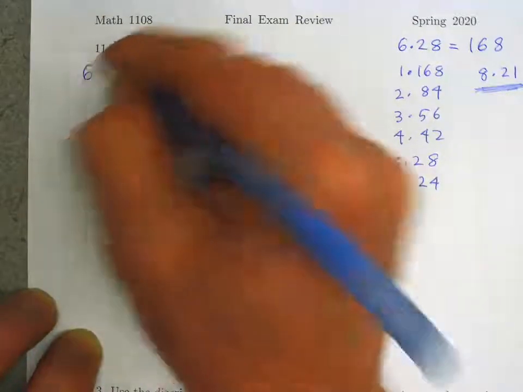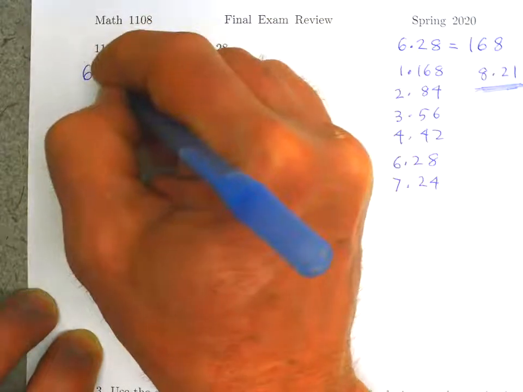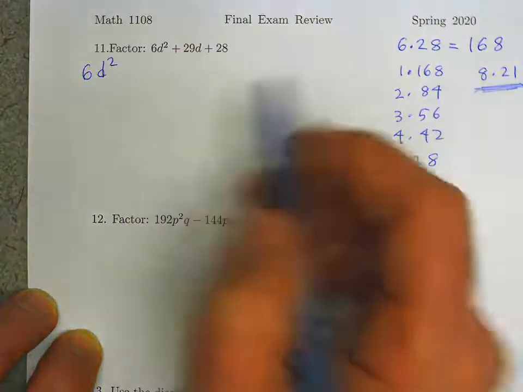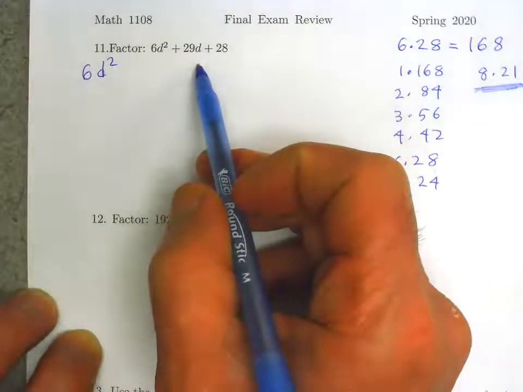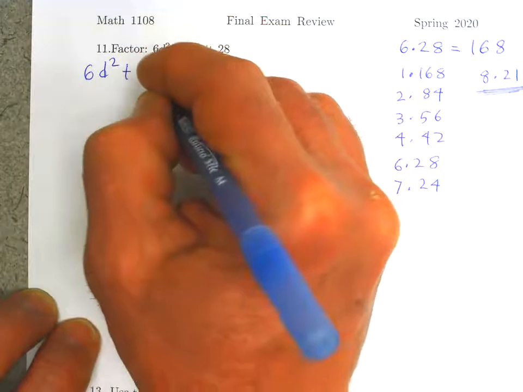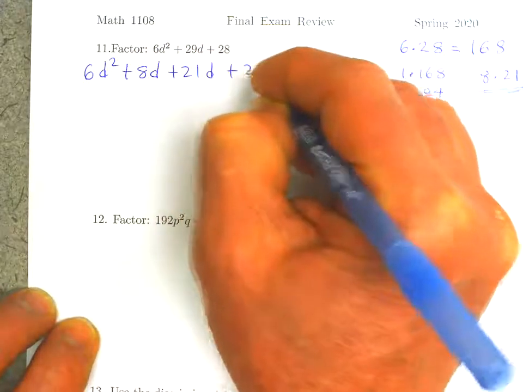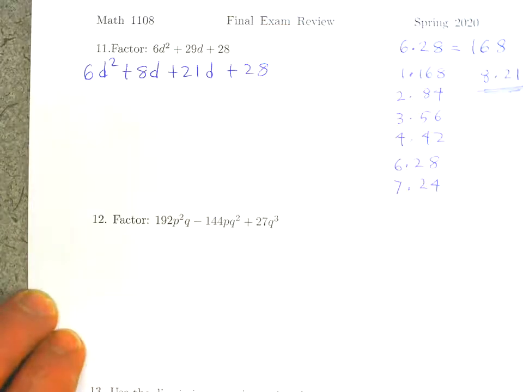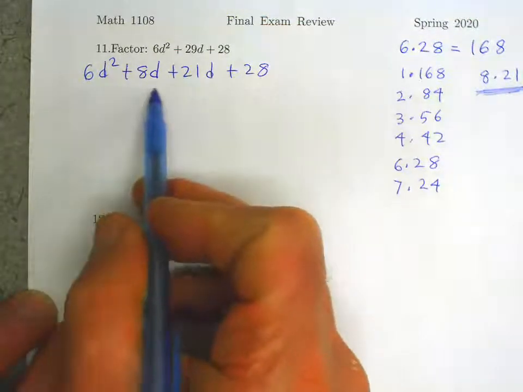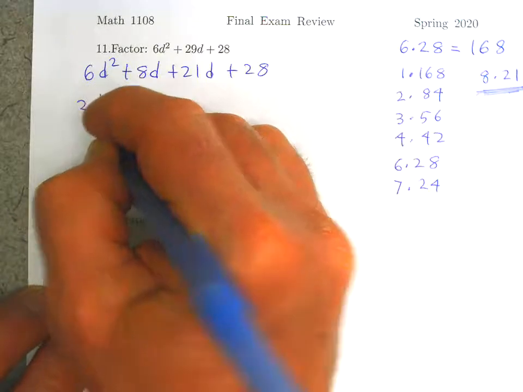So we transform the trinomial into a quadrinomial. We're going to replace the plus 29d with plus 8d plus 21d. And then we factor by grouping. Out of the first two terms, we can factor out 2 times d.